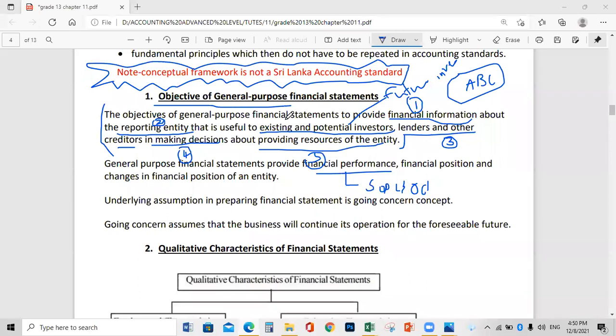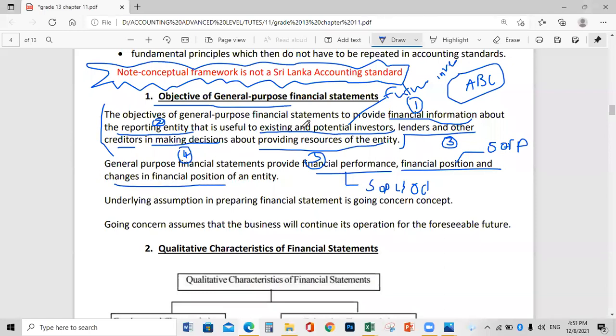Not only that, they will provide information about the financial position. The statement they prepare for that is the statement of financial position. And these are the main three.